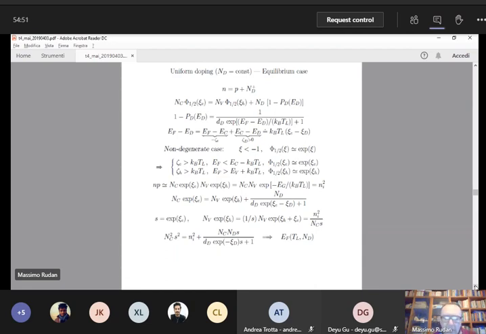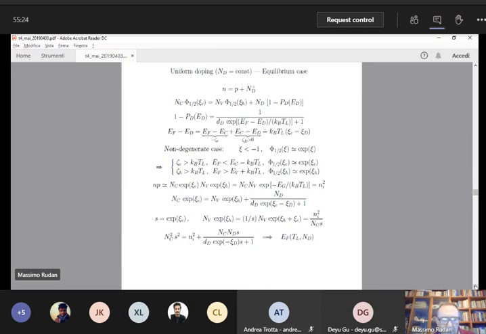In order to calculate the position of the Fermi level, we replicate the reasoning that we already have done for the case of the intrinsic material. You remember, we started from absolute zero. At absolute zero, in the intrinsic case, all the conduction band is empty, the valence band is filled with electrons, and that's it.